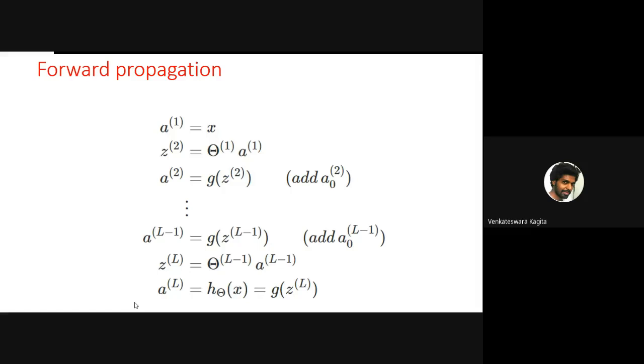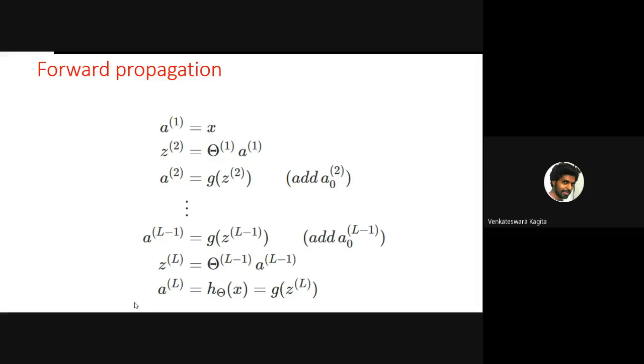I repeat this procedure till the last layer, that is A of L minus 1, Z of L minus 1. And Z capital L is the last layer, that is the output layer. So net sum at the last layer is Z capital L, which is theta L minus 1 times A L minus 1. Then I can compute the prediction, or refer to it as A capital L, because it is the activation unit at the last layer.